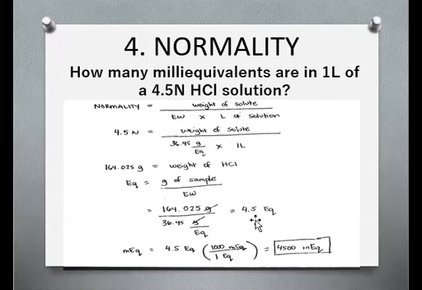Now, question is asking for milliequivalent. So you need to convert 4.5 equivalents to milliequivalents. So using dimensional analysis, we have here 4.5 equivalents times 1 equivalent is equal to 1,000 milliequivalents. And then, bakit ganito yung positioning ng conversion factor?